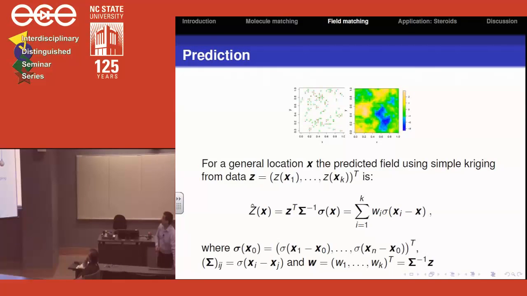And what I'm going to do is predict my field from the points that I have available. If you look at this, this isn't just a 2D example here, but I've got some points here. Each one of them has a measurement associated with it, like a charge, for example, or the radius, or some other geometrical measurement.